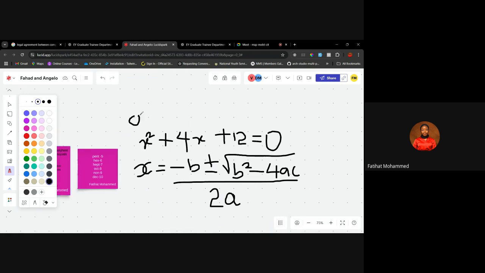Let me just write it out for you: ax raised to power 2 plus bx plus c equals 0. Don't worry, don't memorize it though. Anywhere in this world, if they ask you what is the general form of a quadratic equation, it is simply this that you have here.